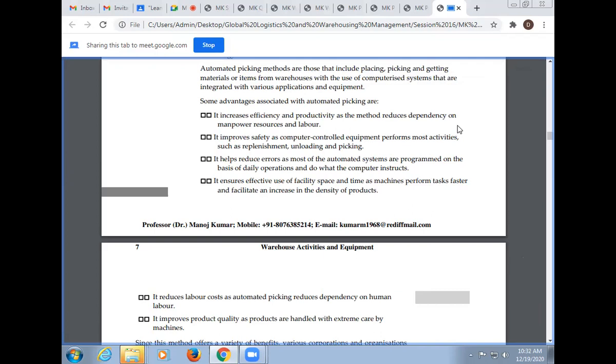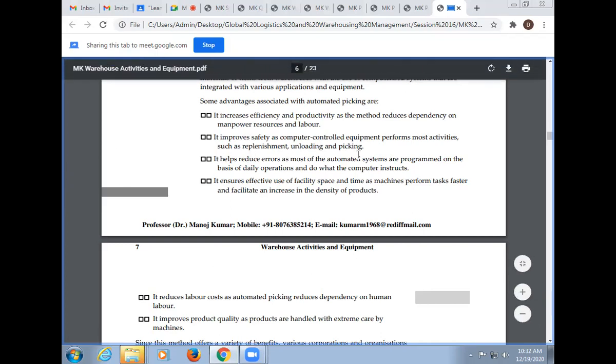It improves safety as computers control equipment and perform most activities such as replenishment, unloading, and picking. It helps reduce errors as most automated systems are programmed on the basis of daily operation and do what the computer instructs. It ensures effective use of the facility space and time as machines perform tasks faster and facilitate an increase in the density of the products.